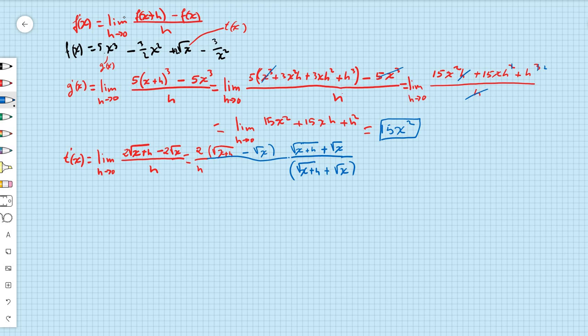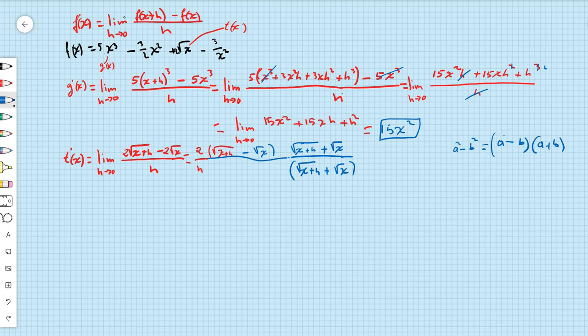Now this term here basically looks like this: a minus b times a plus b, right? Which is equal to what? A squared minus b squared.